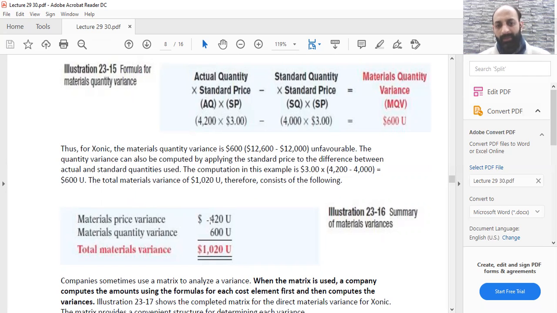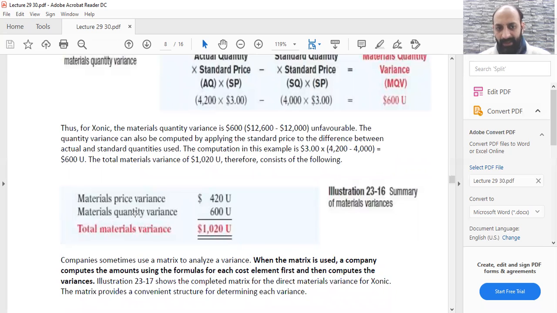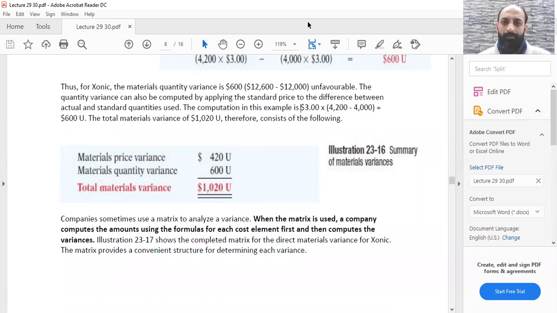Material price variance was 420 unfavorable, material quantity variance was 600 unfavorable, so your total material variance is 1020 dollars unfavorable. It means when we were dealing with the materials, the total of price and quantity variance was 1020 unfavorable.